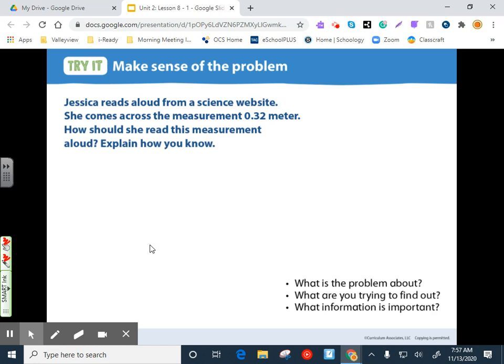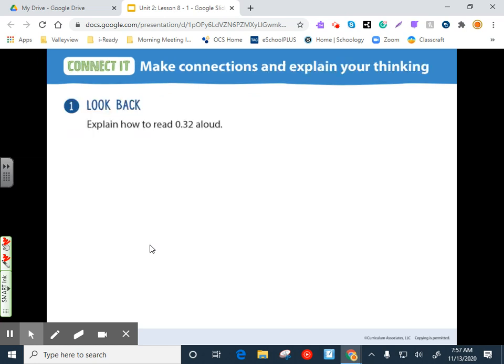Okay. So on the next page, and this is where I'll just reiterate that, explain how to read 32 hundredths aloud.